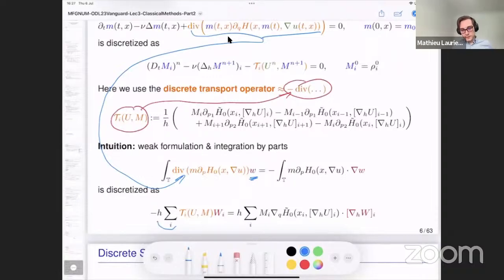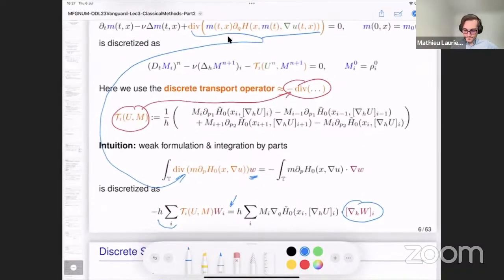Then you do some discrete integration by parts here. This is the equivalent of the continuous integration by parts, and what you obtain is exactly this term. So in some sense, it matches exactly the definition we had of the gradient with two components in this way.